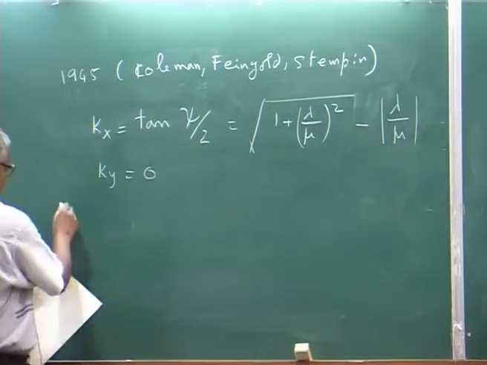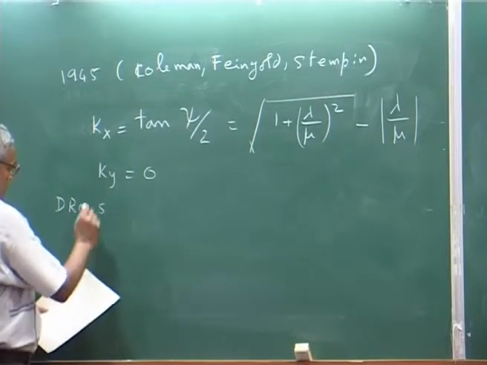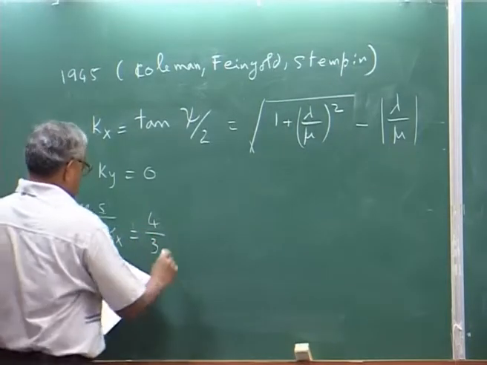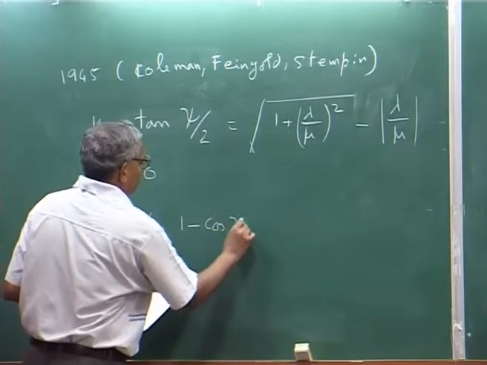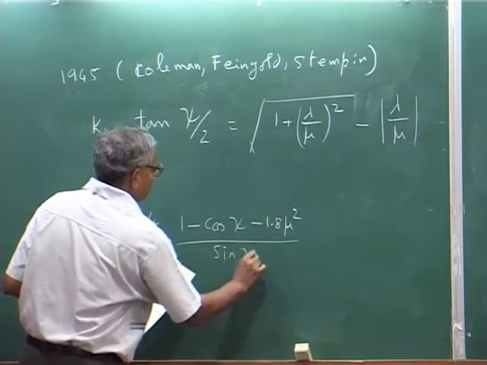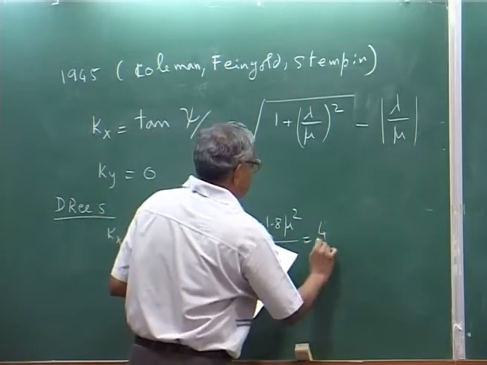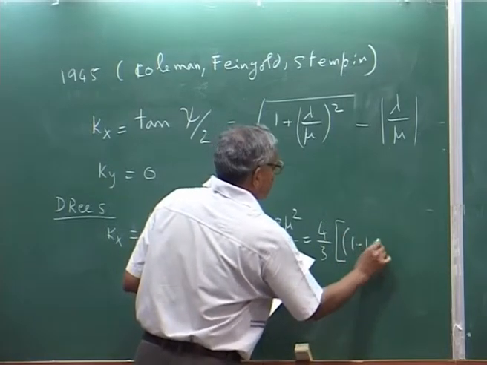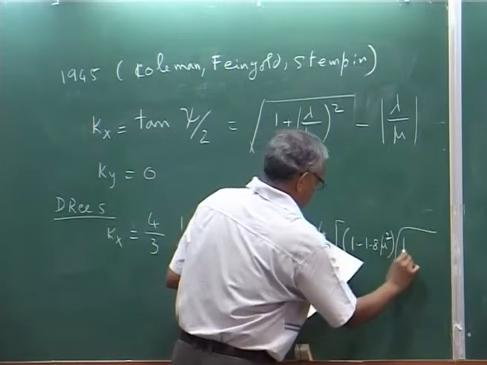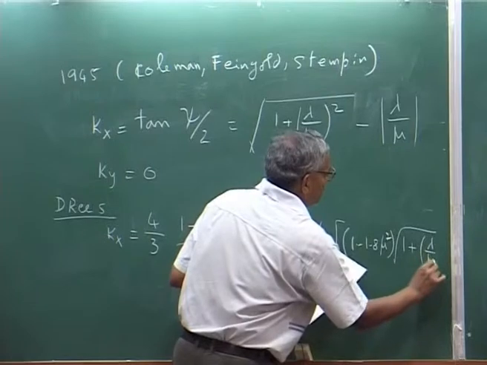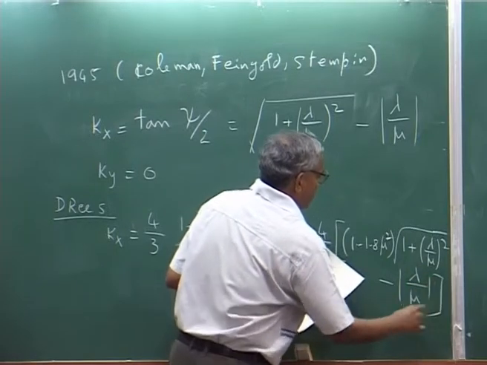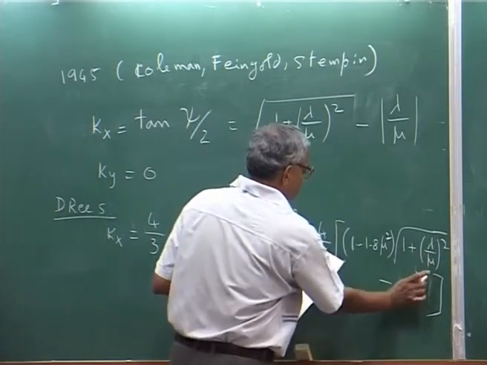Now Dries model, he gave kx 4 over 3 minus 1.8, which is written as 1 minus 1.8 mu square, okay, root of 1 plus lambda over mu whole square minus, you can say lambda over mu, that is enough.